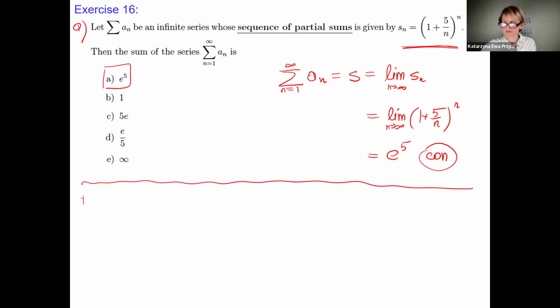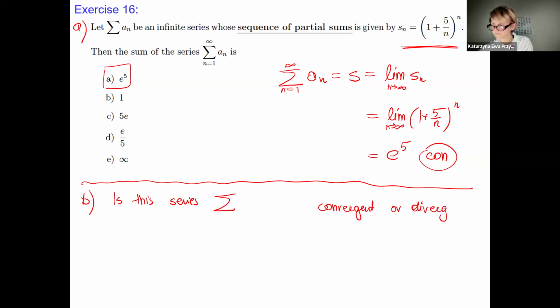Let's say A, let's say B. Is this series convergent or divergent? And the formula is like this. Please be really careful. I changed the question almost completely.